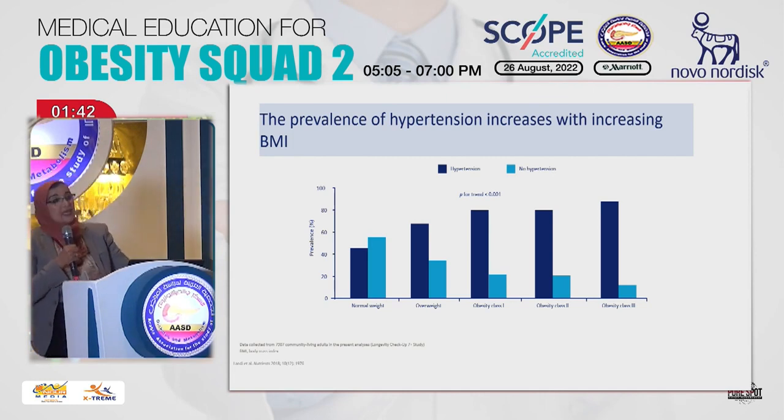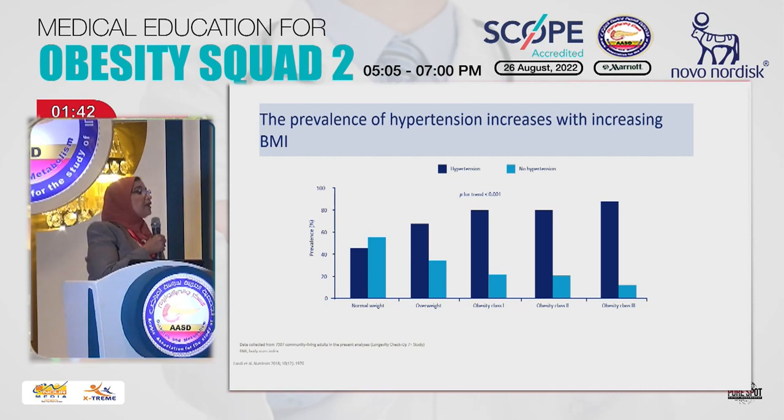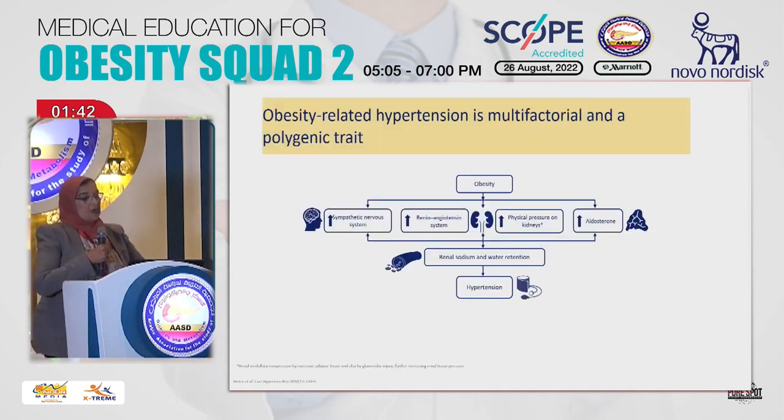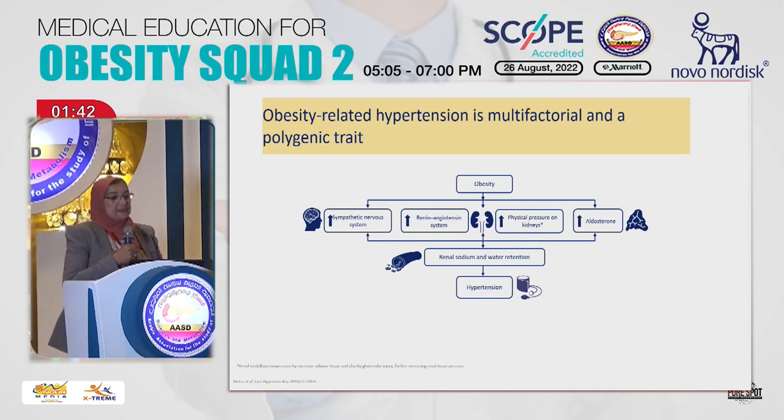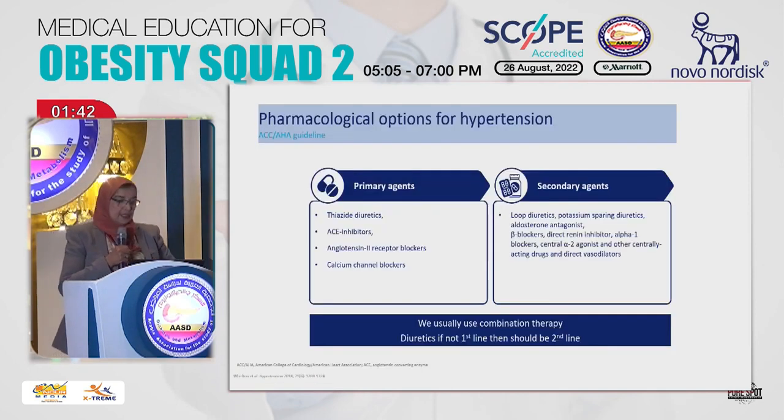It was evident that in these patients in Egypt, whenever you become more obese, you will have more hypertension. Of course, obesity-related hypertension is a multifactorial and polygenic trait. I enjoyed very much that presentation about personalized medicine, and so we have to talk about that.